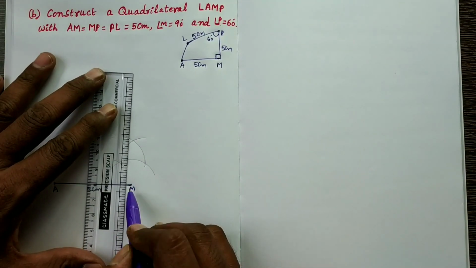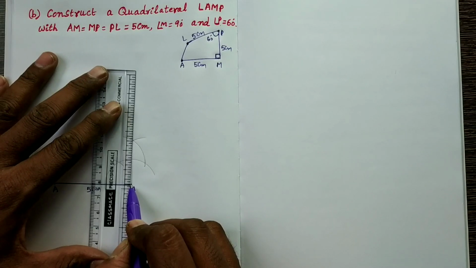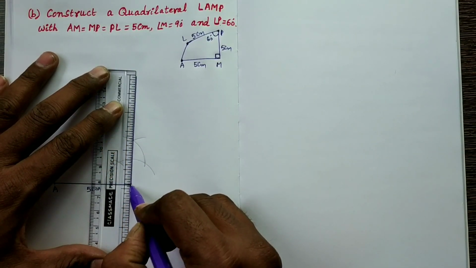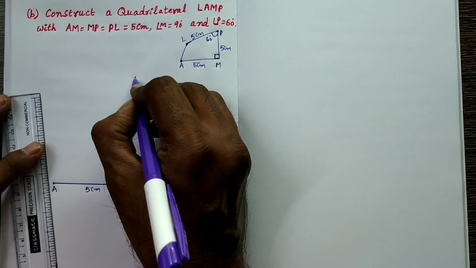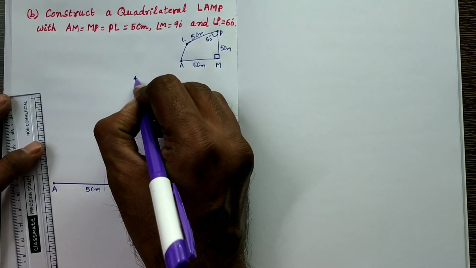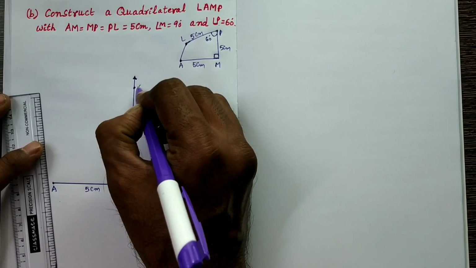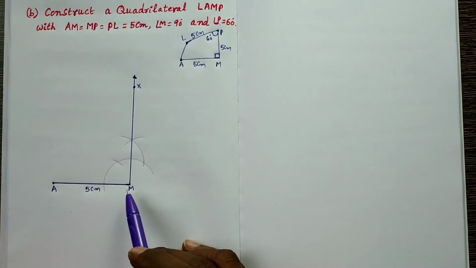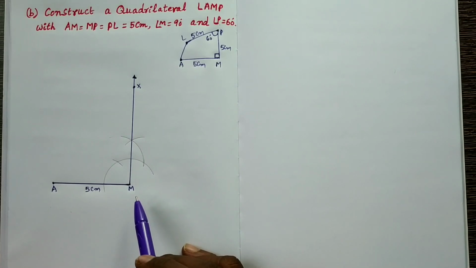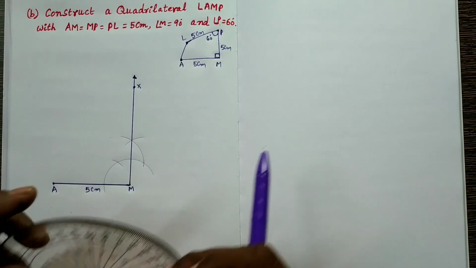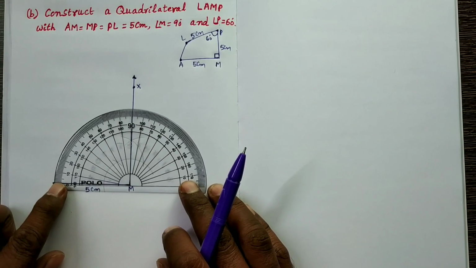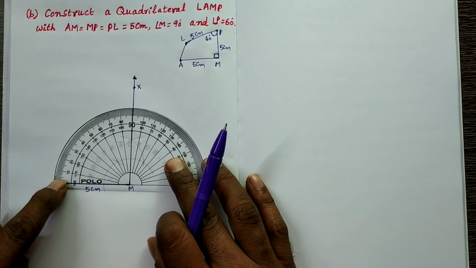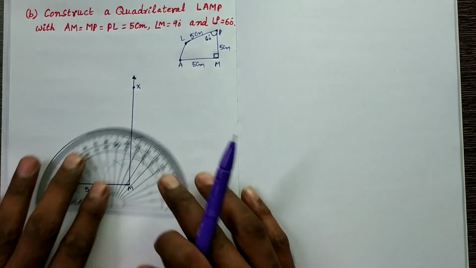From M, through this intersecting point, draw a ray MX. Now it will be 90 degrees at M. We can check by using a protractor also. So it is exactly 90 degrees.